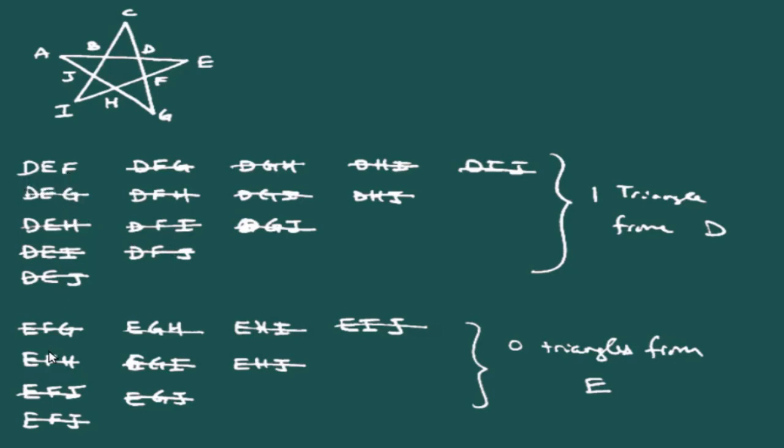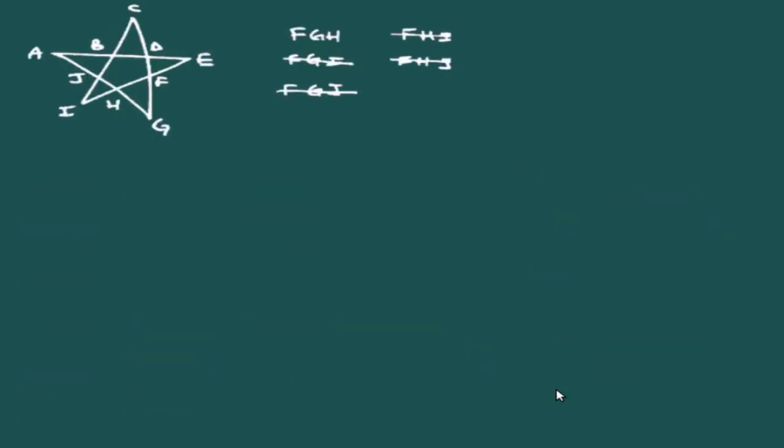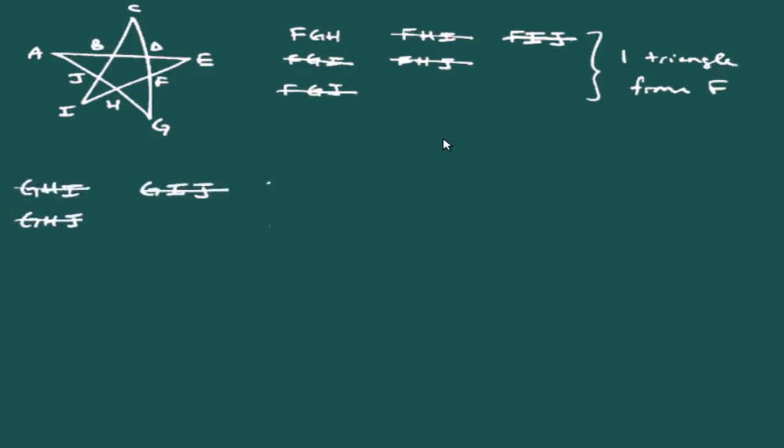If we do the same thing for E, we've got our EFG, EFH, EFI, EFJ, and so on. So for all of the possibilities with the smallest vertex E, no triangles work in our geometric figure. For our possibilities with the smallest vertex being F, FGH, FGI, FGJ, and so on, we've got 6 possibilities for those.